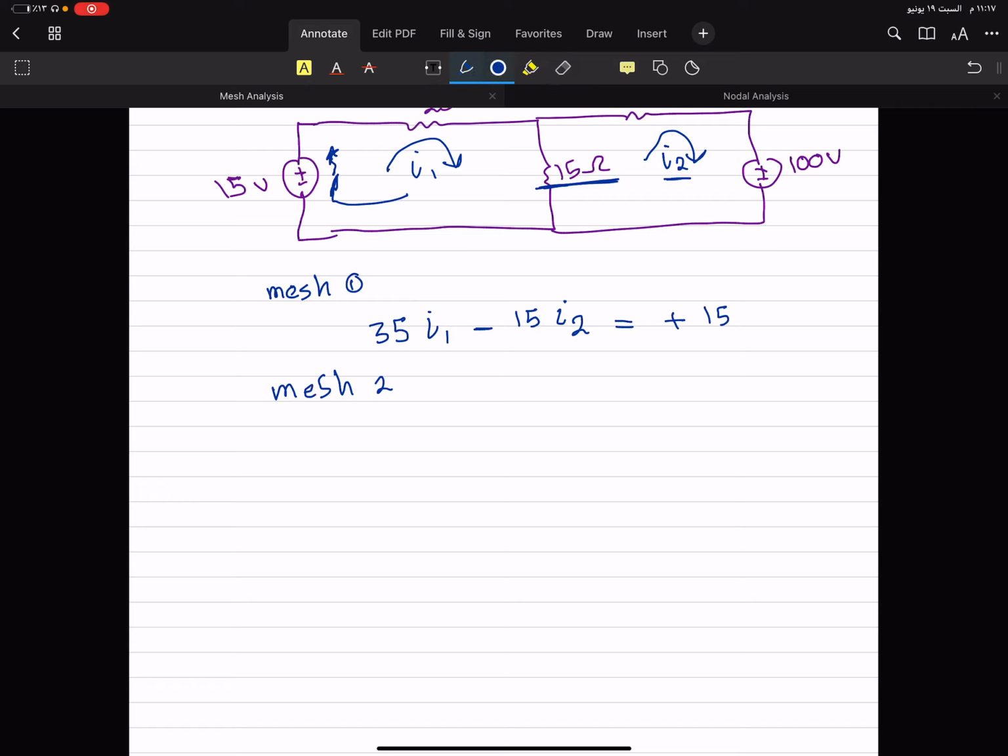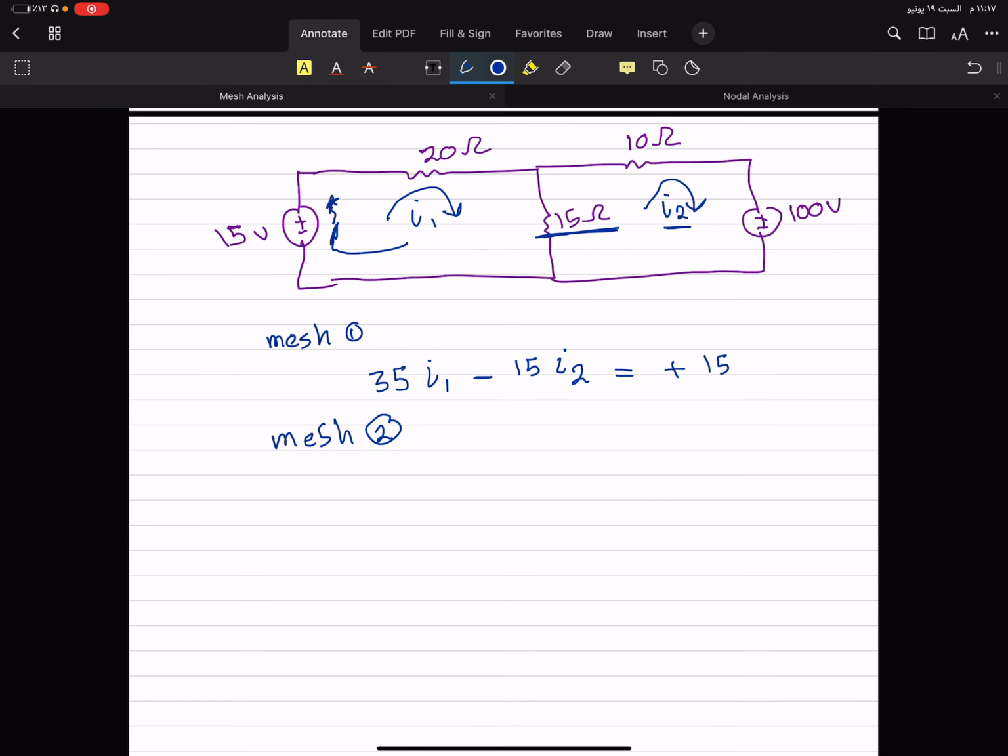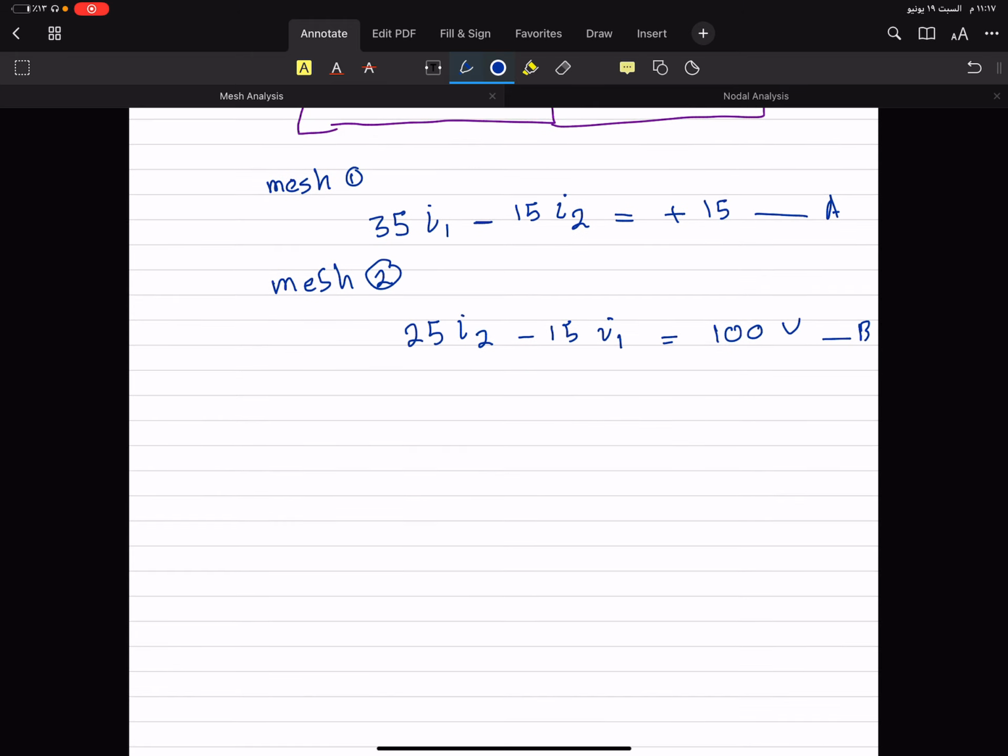So mesh 2, directly, you will say it's 25 I2 minus 15 I1 equals 200 volts. This is equation A. This is equation B. Solve it in a system. Boom, you have I1, I2. This is the shortcut method.